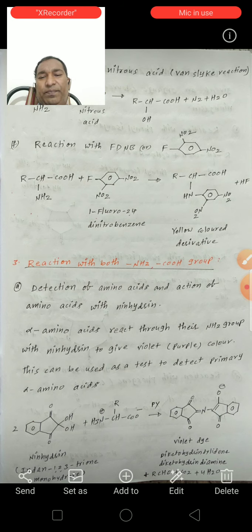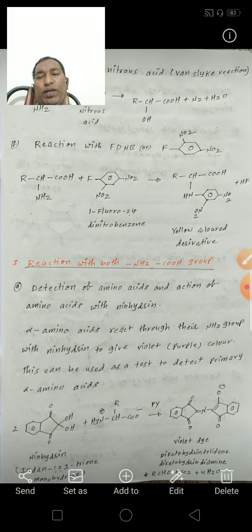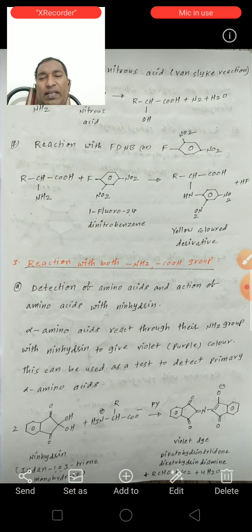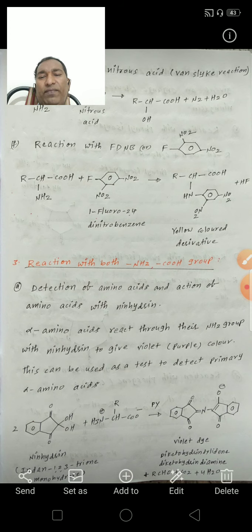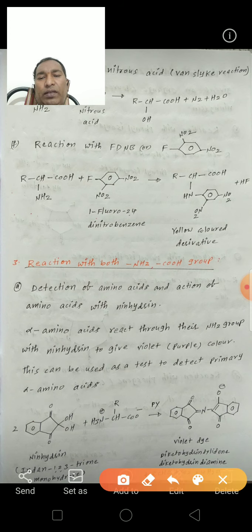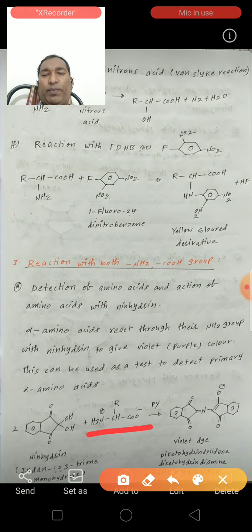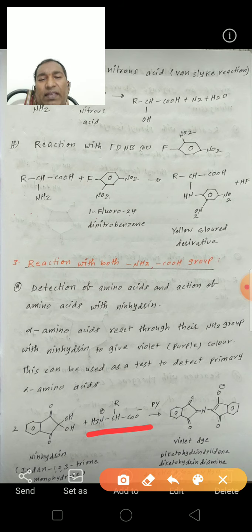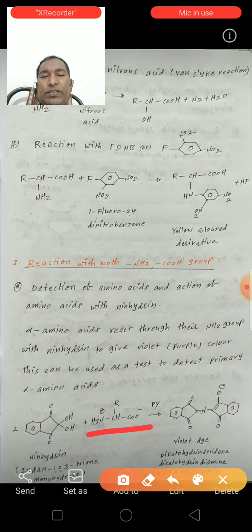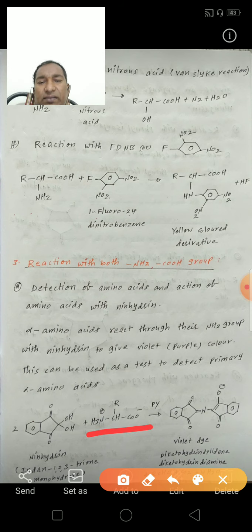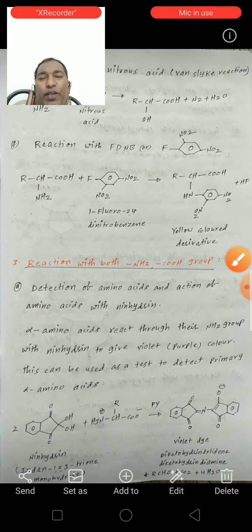See here, this is the ninhydrin structure, benzene C double bond O, OH. 2 moles of ninhydrin react with the amino acid, this is the zwitterion form of amino acids, in presence of pyridine. It will give a product that is a violet dye.